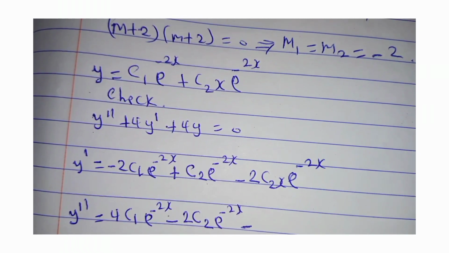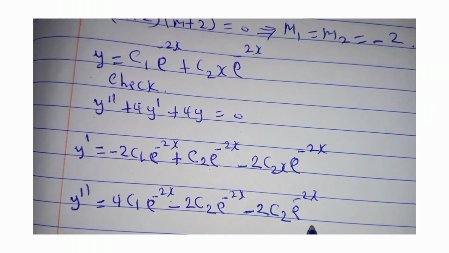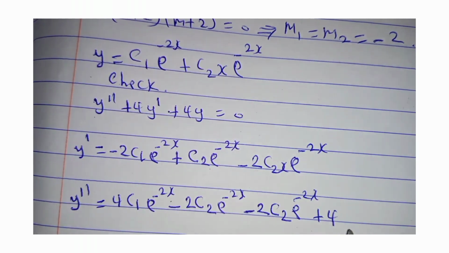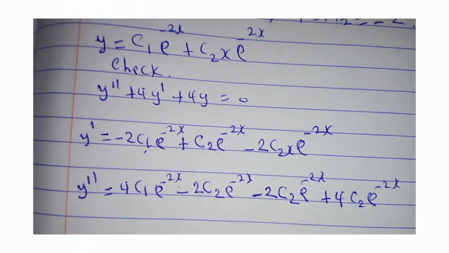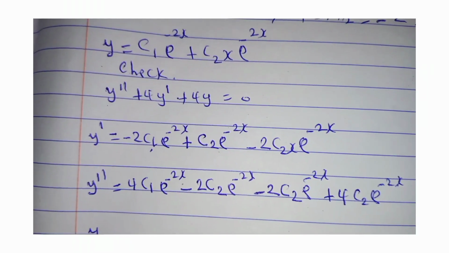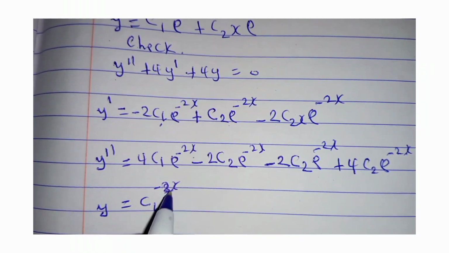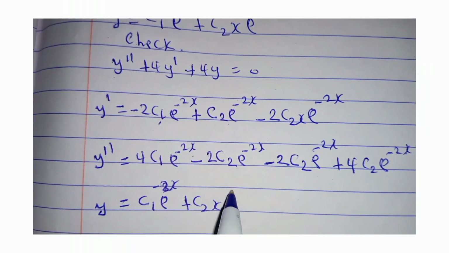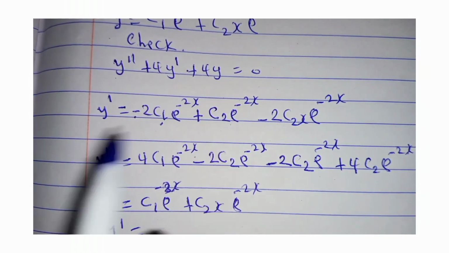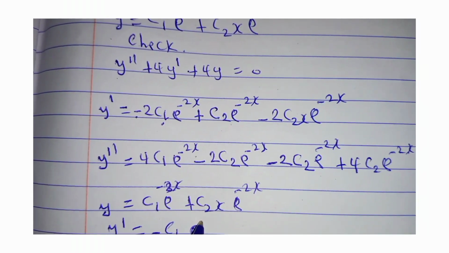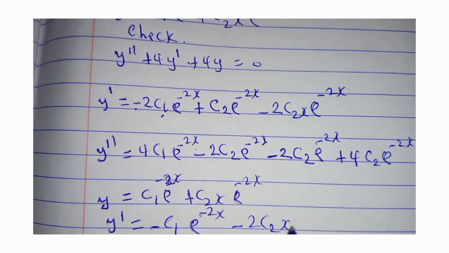So y is equal to c1 exponential negative 2x plus c2x exponential negative 2x. y single prime is equal to negative 2c1 and this one, which will give you negative 2c1 exponential negative 2x, minus 2c2x exponential negative 2x.